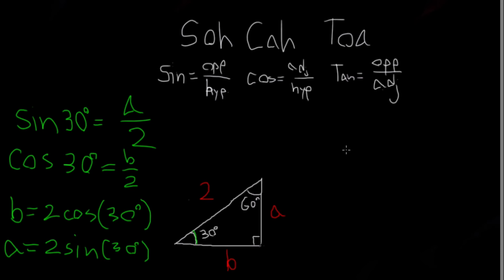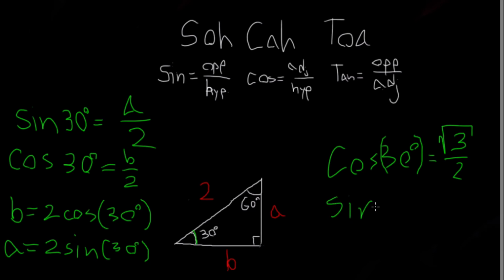And so I will tell you that the cosine of 30 degrees, we can just write it right next to it like that, if you're not used to notation, or you can put it in brackets, is equal to the square root of 3 over 2. And the sine of 30 is equal to 1 over 2. So now we just solved for A and B.